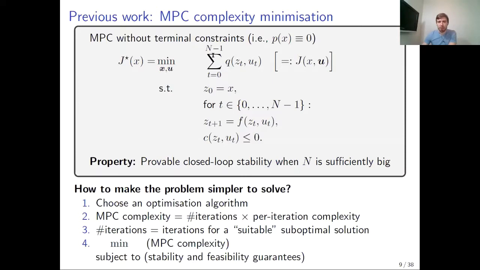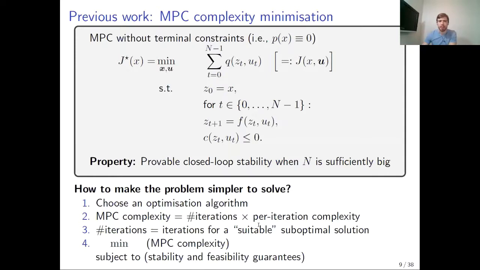We have a certain degree of freedom: we have different choices for N. Also, we might consider suboptimality in the optimization algorithms as an additional degree of freedom.